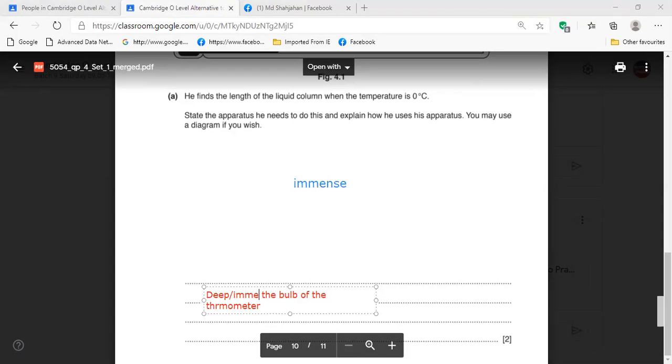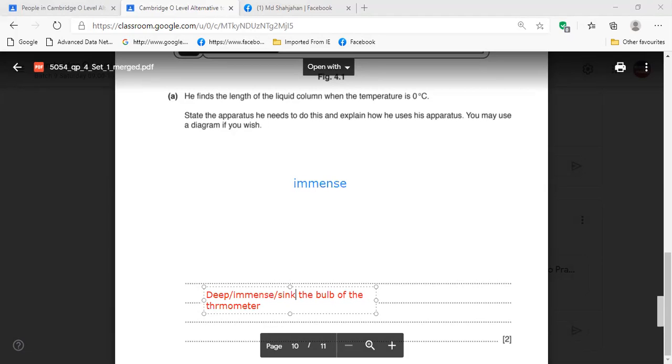Immerse or sink, right? Sink. Sinking we can actually use mainly for liquid, but as it is melting ice, that is also like a liquid, almost liquid.